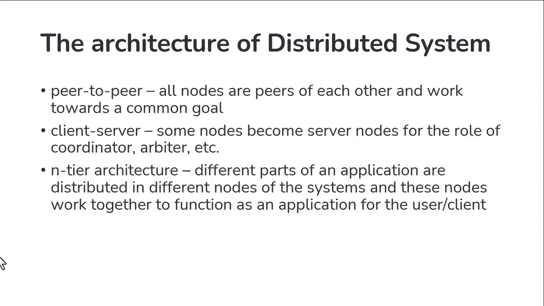The architecture of a distributed system is peer-to-peer. All nodes are peers of each other and work towards a common goal. In client server, some nodes become server nodes for the role of coordinator. In the entire architecture, different parts of the application are distributed in different nodes of the system, and these nodes work together to function the application for the user client.